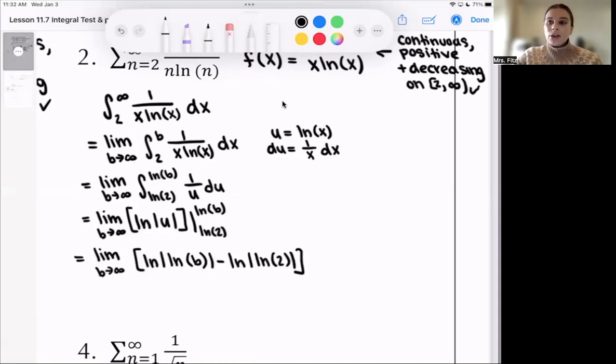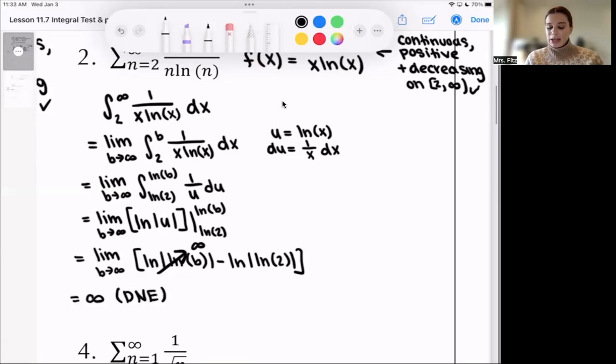Natural log is an increasing function. It increases really slowly, but it still is going to go off to infinity. So this entire portion of your limit approaches infinity, and subtracting off natural log of the absolute value of natural log of 2 is not going to change much. So this equals infinity, which means that it does not exist.